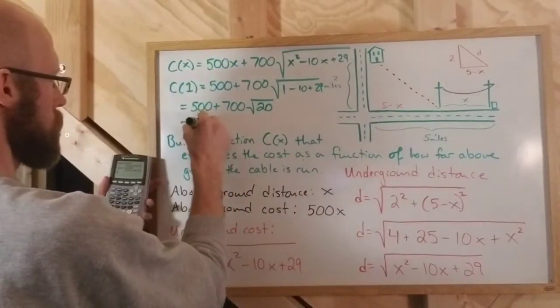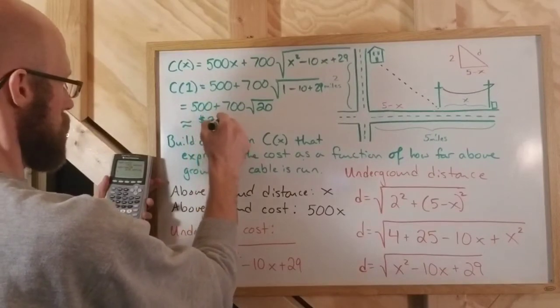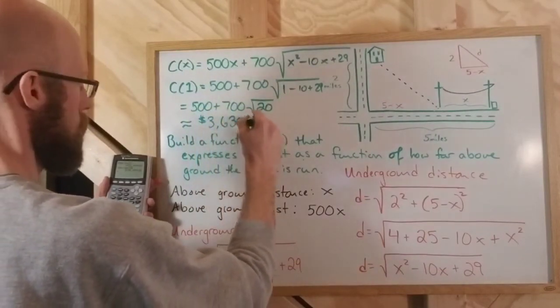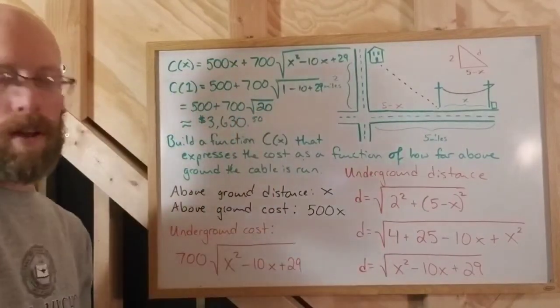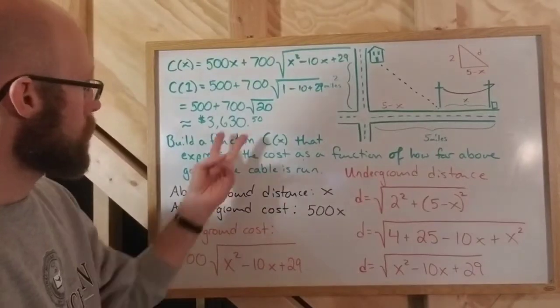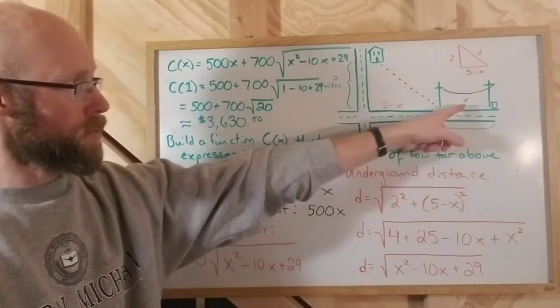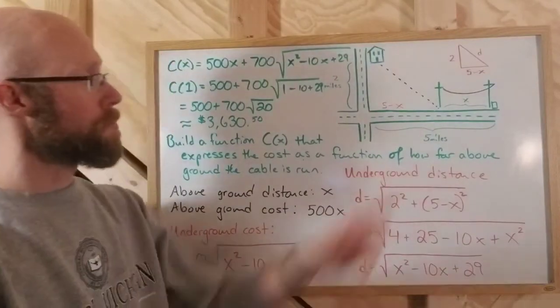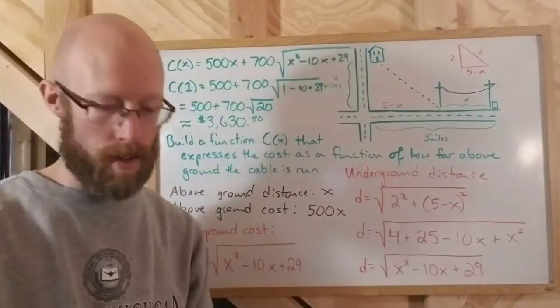So that is $3,630.50 if I round that, 49.5 cents. Okay, so that would be the cost to run that 1 mile above ground and then straight over to the house.